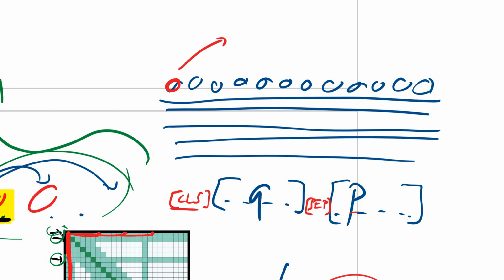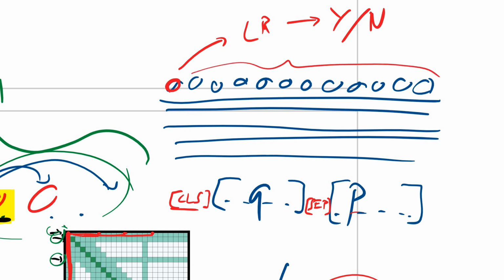That's what I'm going to throw into a logistic regression, and that's what will give me my yes or no answer. And that's how you train it, right? So you don't want to single out any of these as special, so you simply include a special token at the beginning that you then take the classification from.